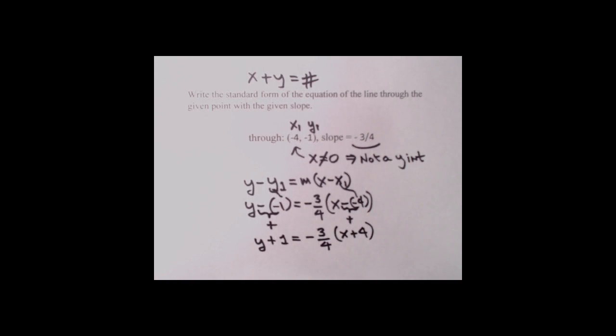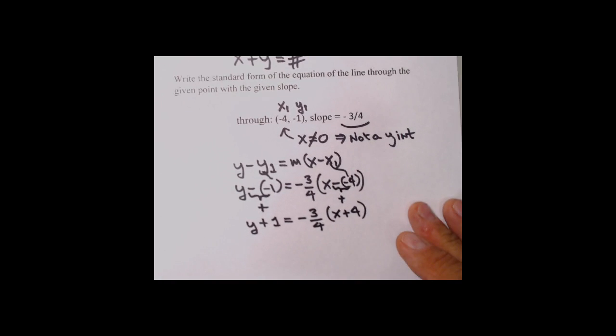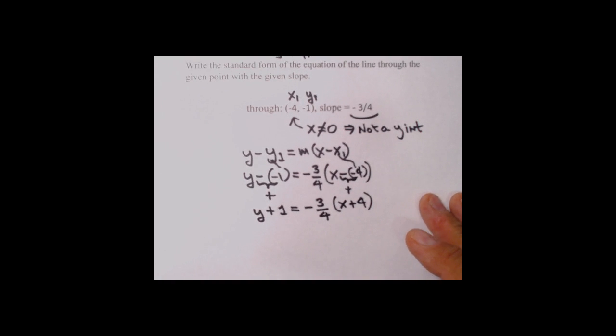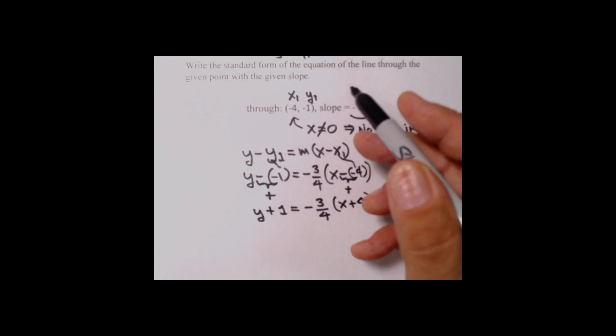Okay, well now, what we've got here is the point slope form, and if that's what they wanted for the answer, we could stop right there. But what they want is not the slope, they want the standard form.